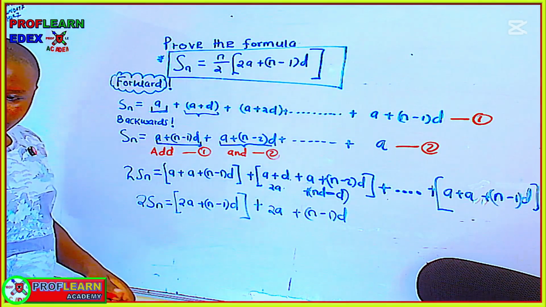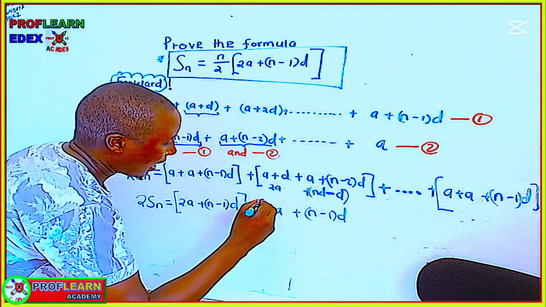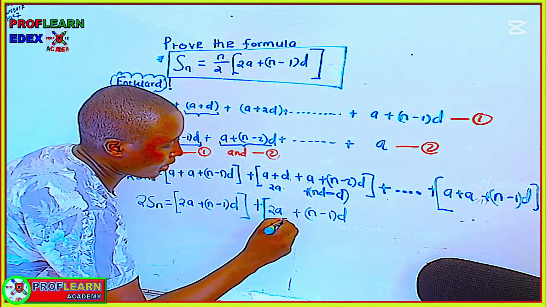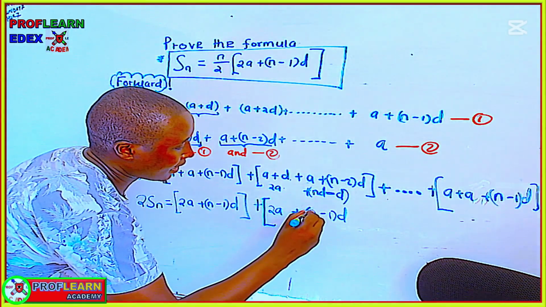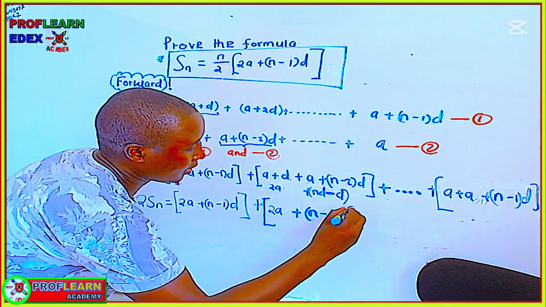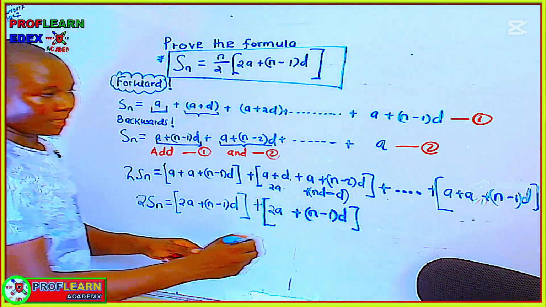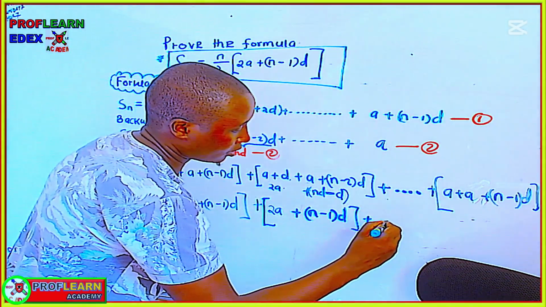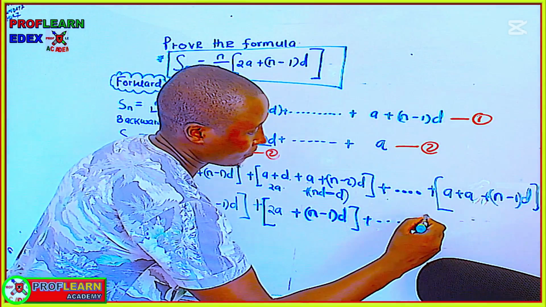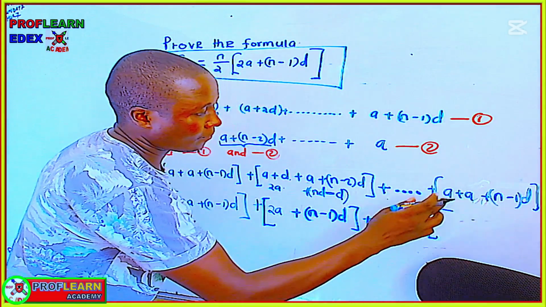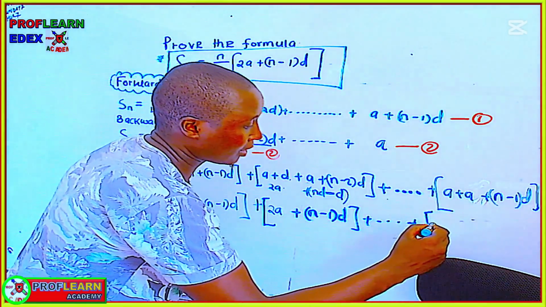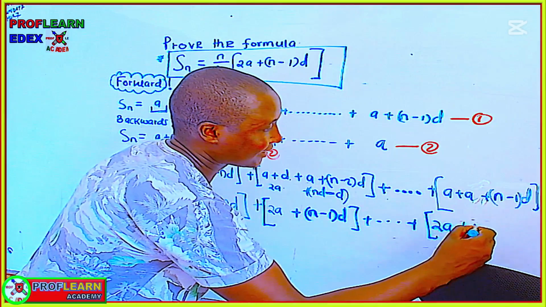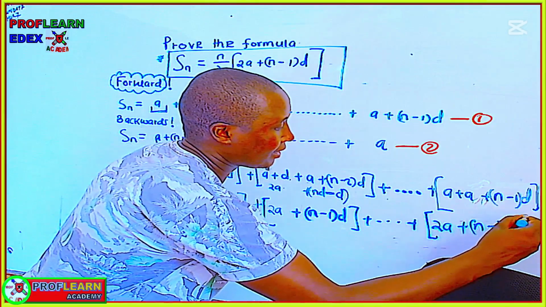So eventually we still have another pair, which is 2a plus n minus 1 into d, then plus dot dot dot plus. Which pair are we having here? a plus a will give us again 2a plus n minus 1 again into d.